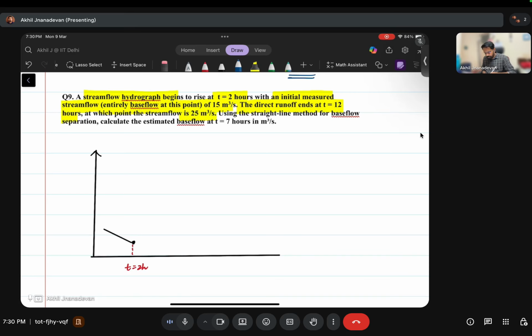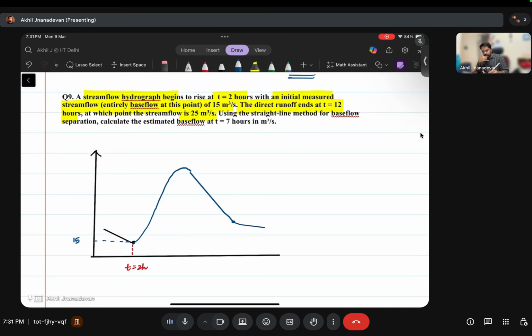The inflow rise has started and the peak has occurred, and at t equal to 12 hours, at this point, it was measured to be 15, and this will decrease till this particular point.